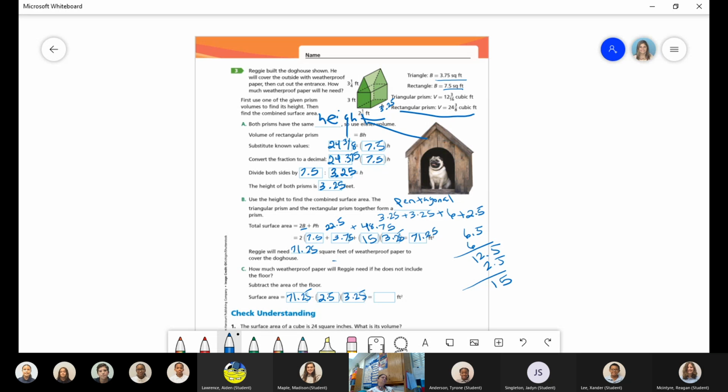No. Oh, I know why. Because they're considering this face to be the base and not this. All right, so 2.5 times 3.25 is 8.125. So if we subtract 71.25 minus 8.125, we should get 63.125.